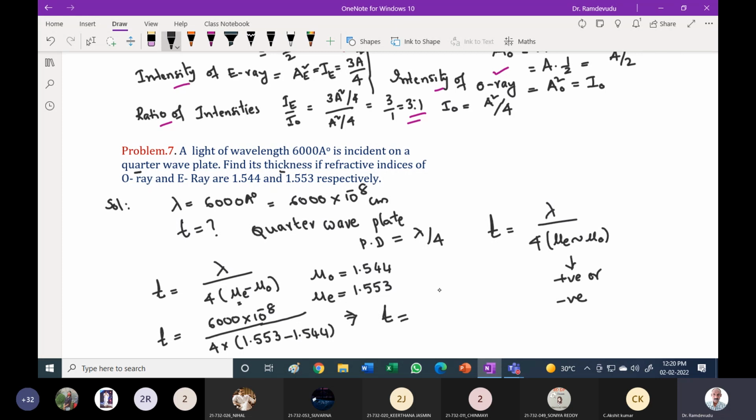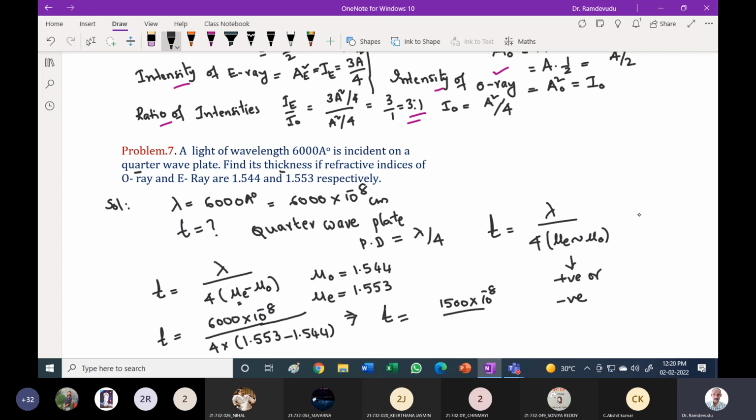If I cancel the 4, I get 1500 into 10 to the power minus 8, times 15.